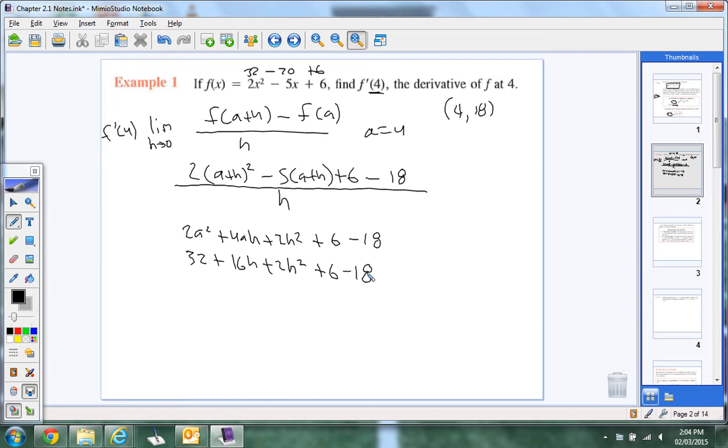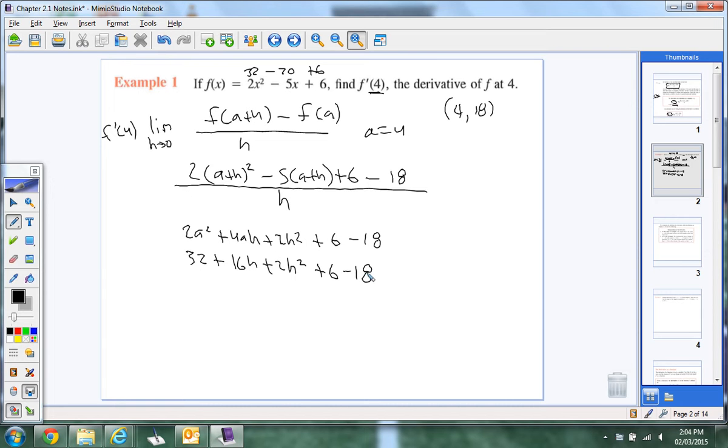I think I'm missing something here. I have 32, 16h, 2h squared. So what am I missing here?